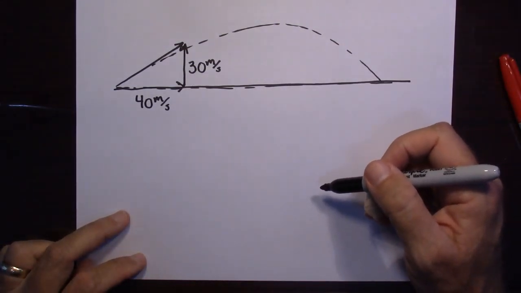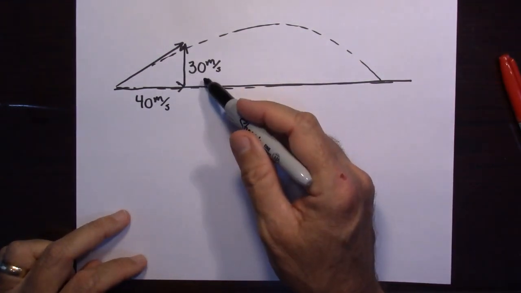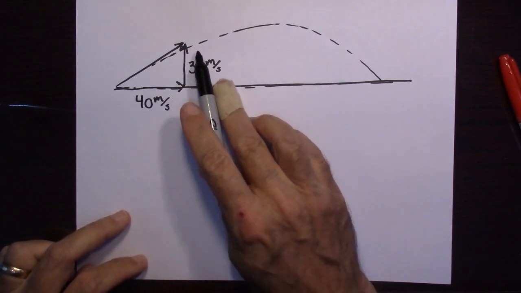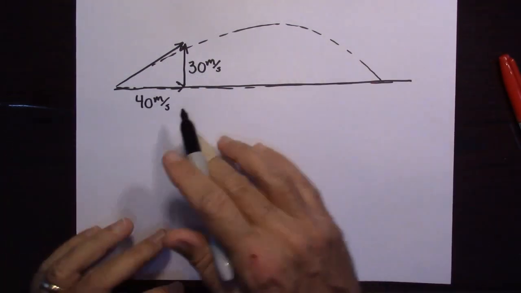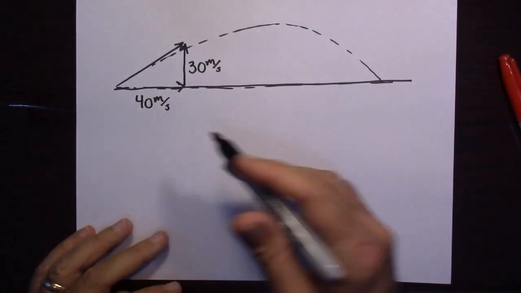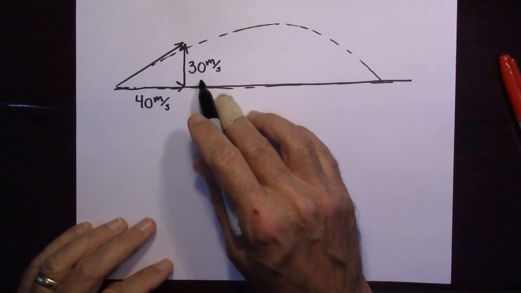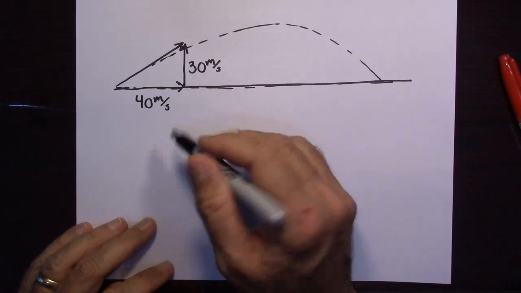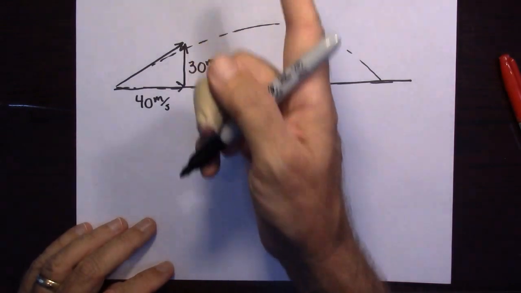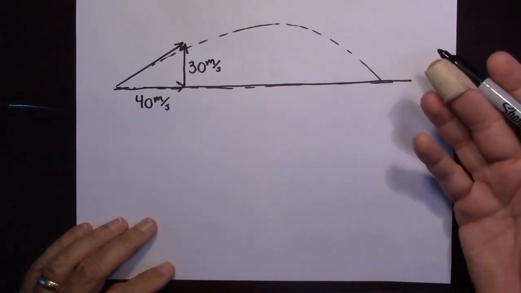To do this, let's just look at the y component at 30 meters per second. The thing about projectile motion is that the x and y components act independently. If we just fire something straight in the air at 30 meters per second, after 1 second it'll be going 20 meters per second in the y direction, then 10 meters per second, and then 0 meters per second.